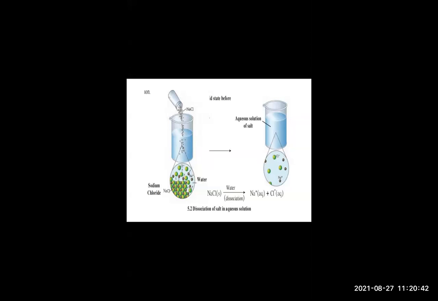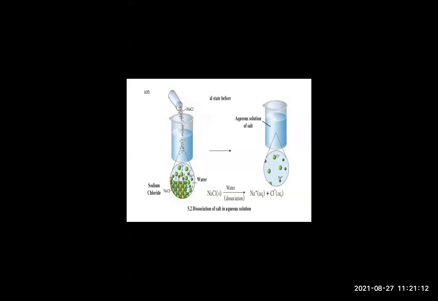In the solid state, the oppositely charged ions in the ionic compound are sitting side by side. When an ionic compound begins to dissolve in water, the water molecules push themselves in between the ions of the compound and separate them from each other. That is to say, an ionic compound dissociates while forming an aqueous solution. When we add NaCl, that is salt, in water, what is exactly happening?